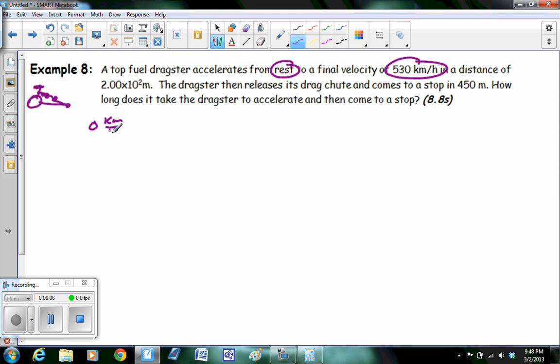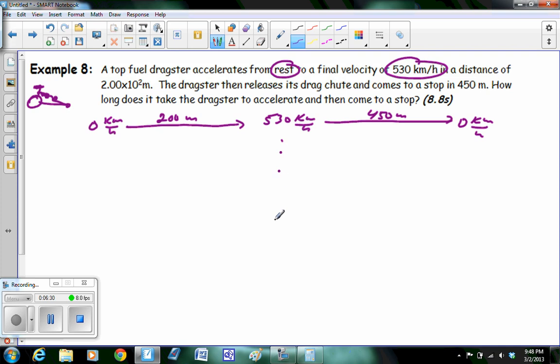Okay, so 0 kilometers an hour to 530 kilometers an hour over a displacement of 200 meters. And then the dragster releases its chute and comes to a stop. So final velocity here is going to be 0 in 450 meters.